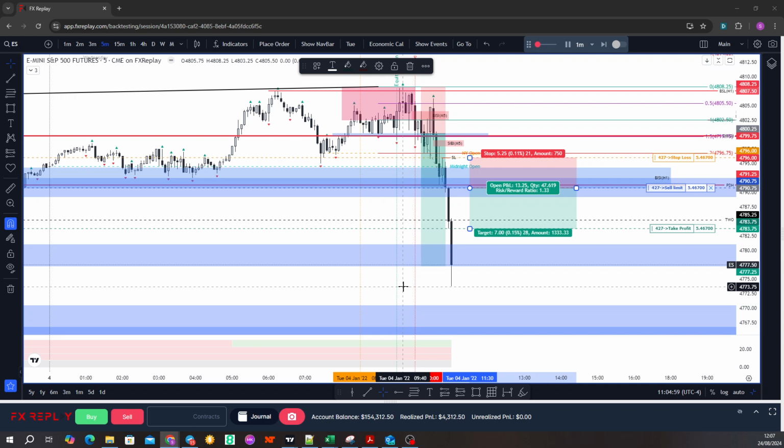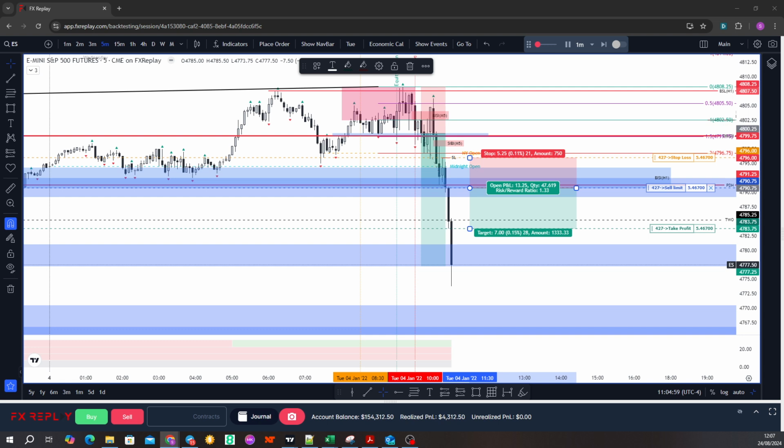Sorry, the BC M15 had not been violated. Okay. You know, my stop loss was placed at a good place.